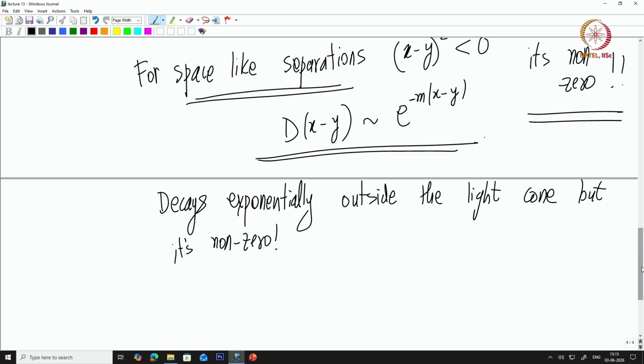It turns out they cancel out for a real scalar field. We will see an example, say a Yukawa force or any scalar propagator: the space-like contributions just go to 0, they do not contribute, and it becomes more interesting for a charged scalar field.